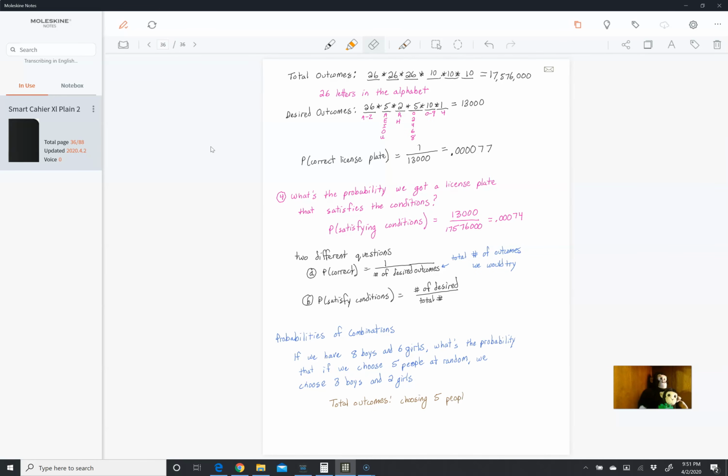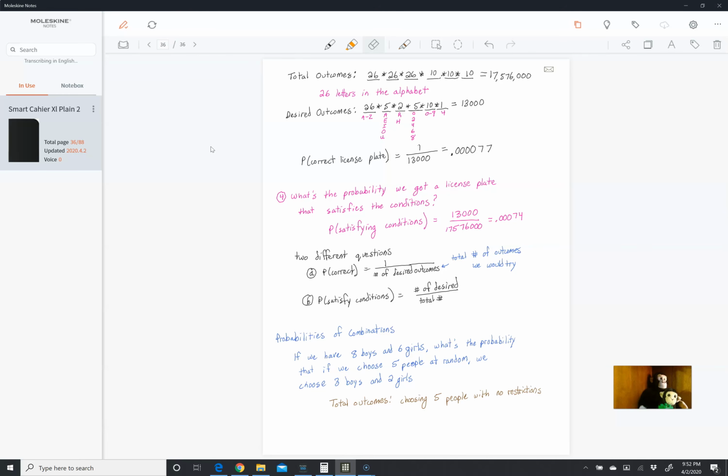And order doesn't matter. We have an indicated order. So if you're wondering, you would either be told order matters, or you would be given something that indicates order matters, like the first person is a president, the second is a vice president, the third is a secretary, or the first person is a facilitator, the second is a note taker, the third is a timekeeper.